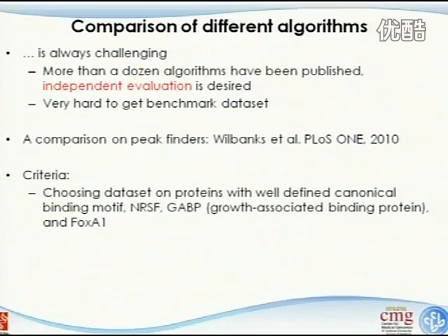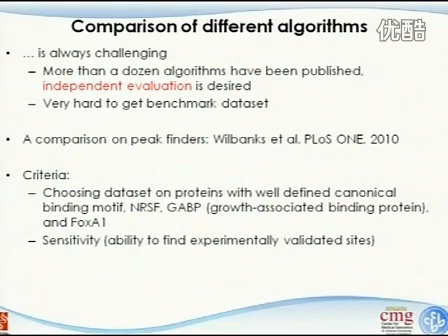So before people do the experiment, we already know their sequence binding sites very well. This gives us at least some idea whether we can target the right region or not. They also evaluated the sensitivity, which is the ability to find experimentally validated sites.